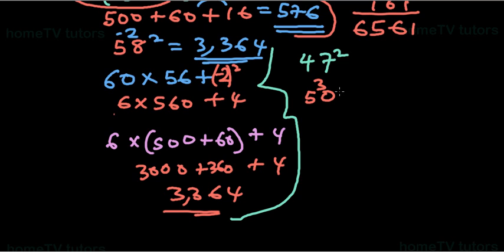So we multiply that by subtracting the difference from the given number. Remember, in the examples above, we added the number. This time around we subtract. So 47 minus 3 will give us 44. Then we now add the square of the difference, which is 3. All right, so we add 3 square.